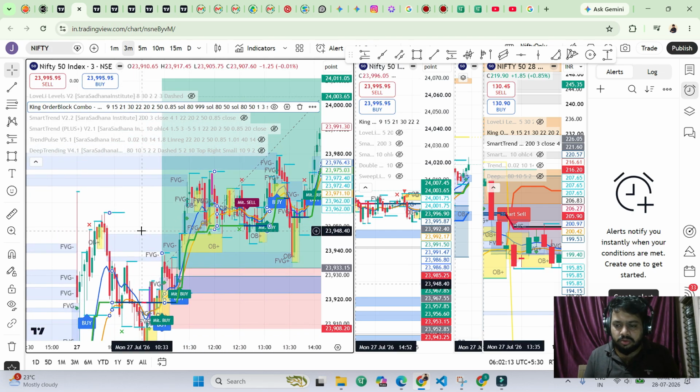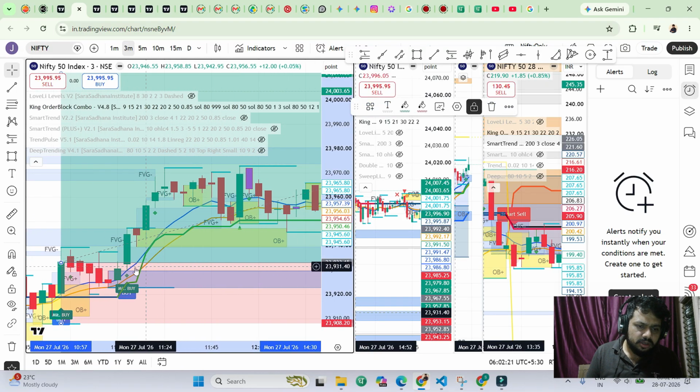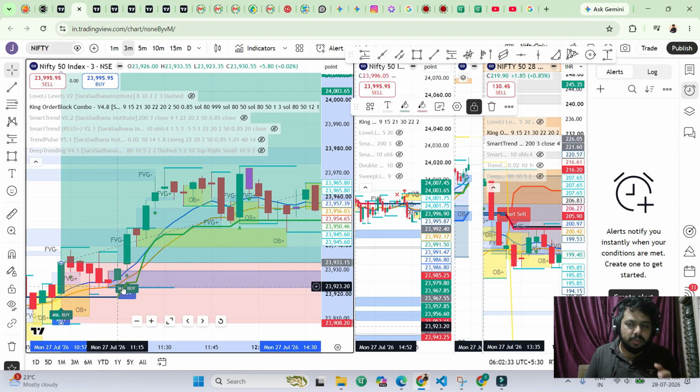You always want to see the order block rejection, or order block plus FEG stack. Whenever you see this particular diamond, you have to be very alert in the market, so that you expect a rejection from this particular level.